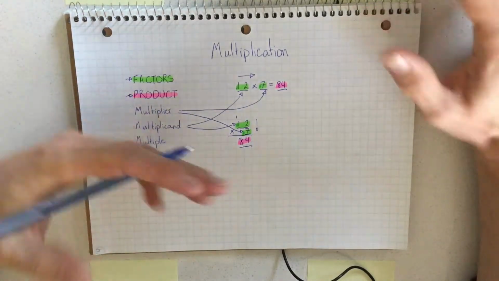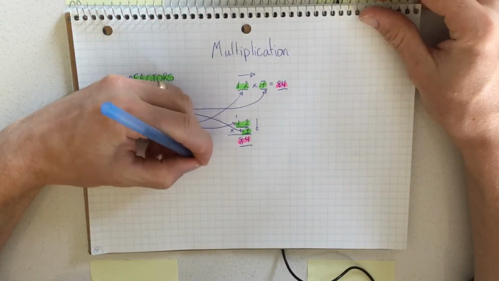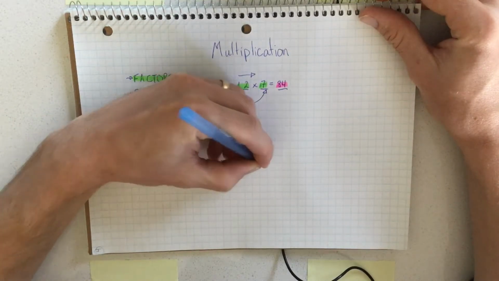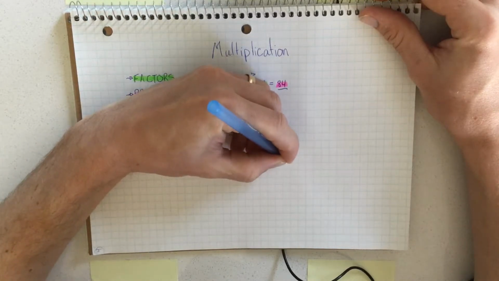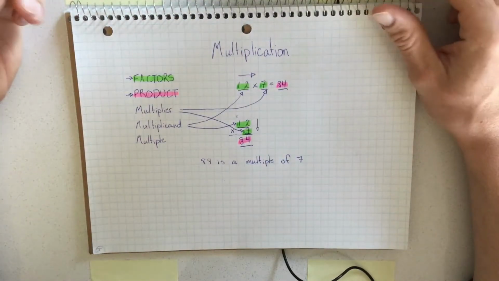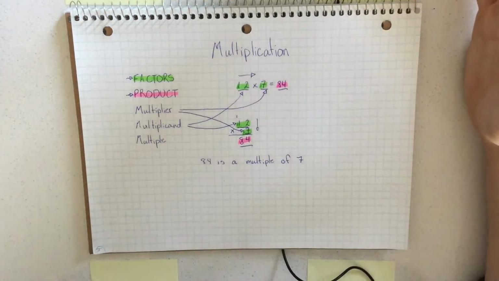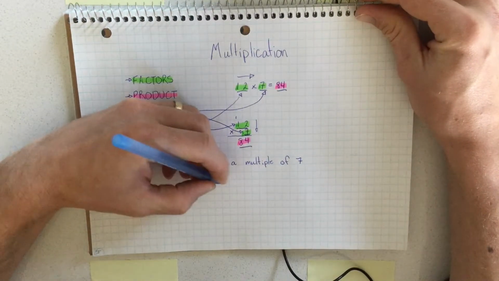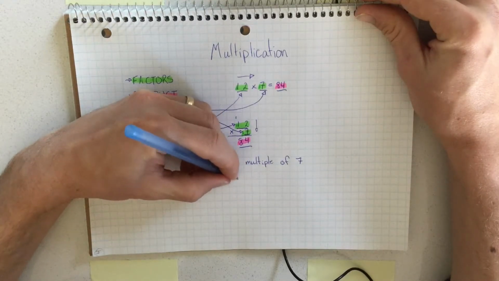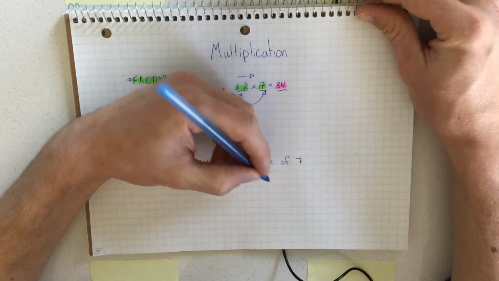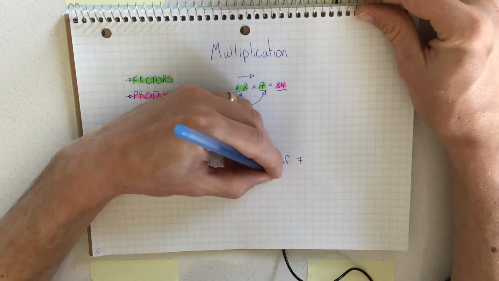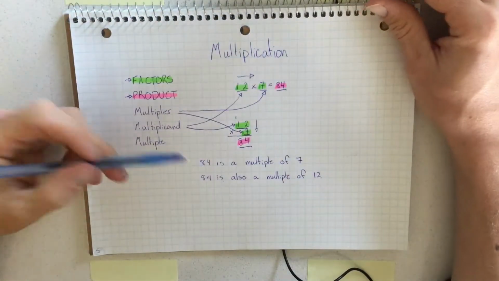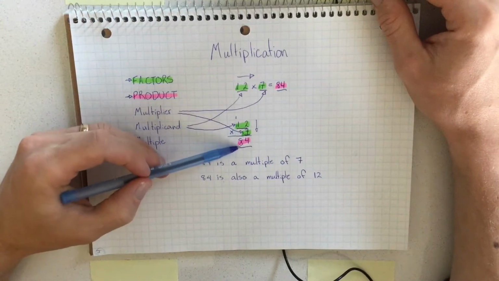So a way that we could say this, or we could write this, is 84 is a multiple of 7, which means I can collect groups of 7 of something until I reach 84. 84 is also a multiple of 12, because they're both factors that led to us coming up with 84.